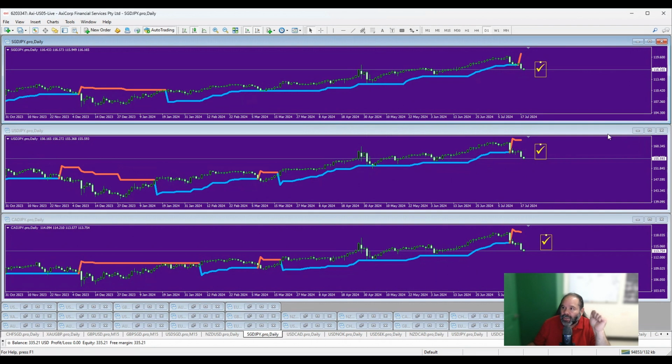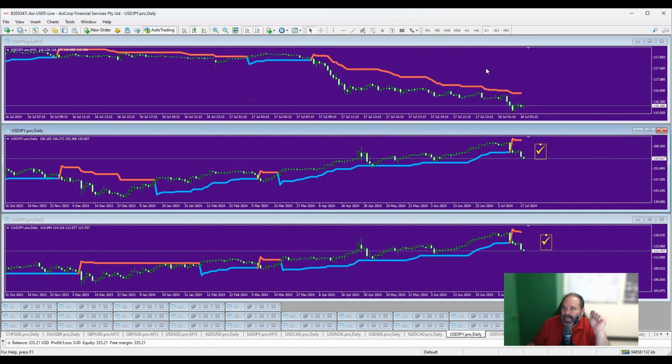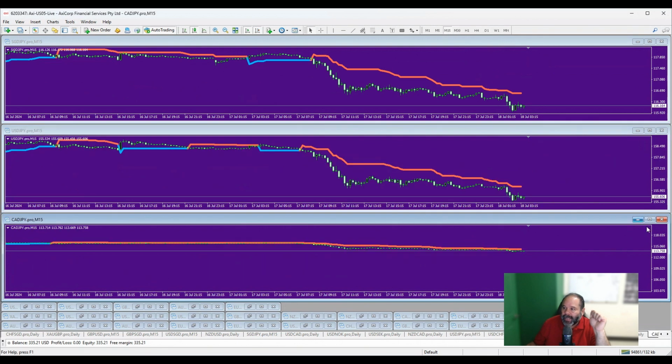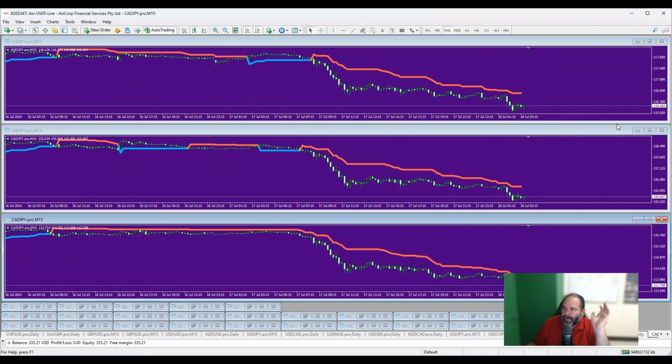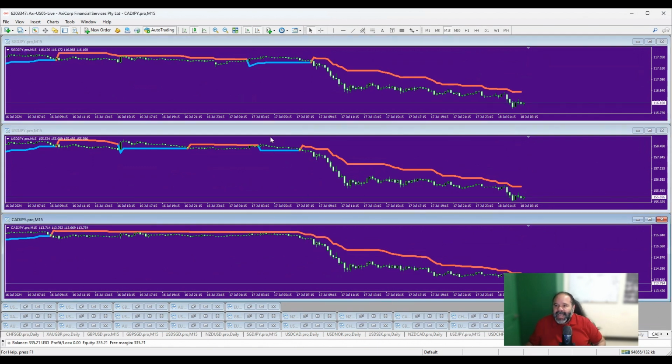Now let's go to the 15 minutes and let's see how it looks. Sell, sell, and sell. Beautiful. These areas are the ones that I prefer to wait for, which is the false breakout.